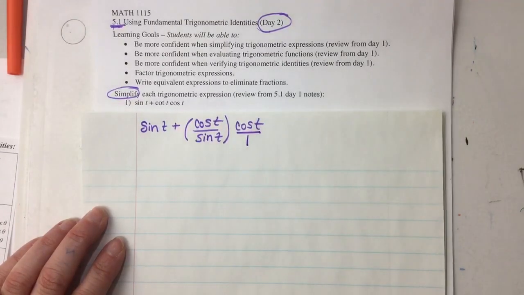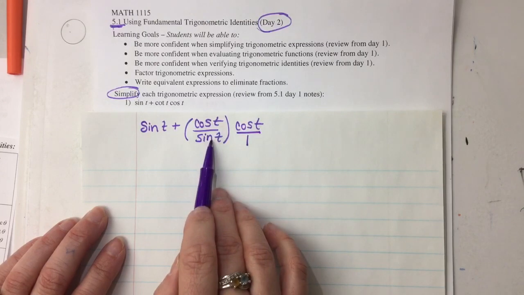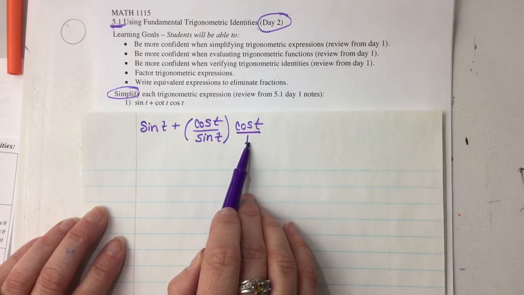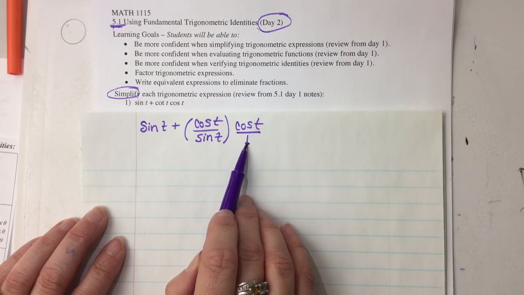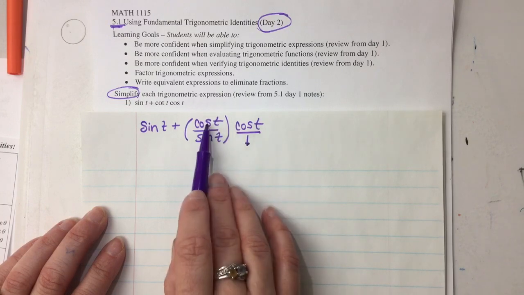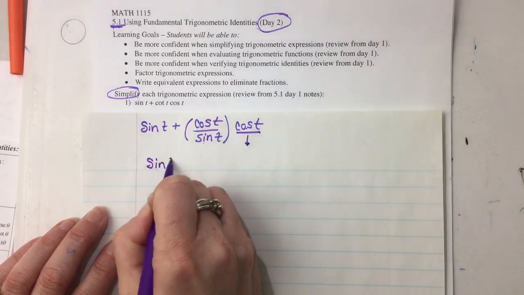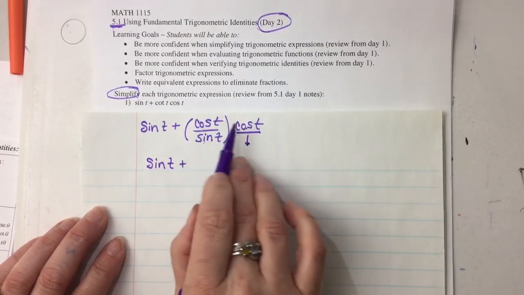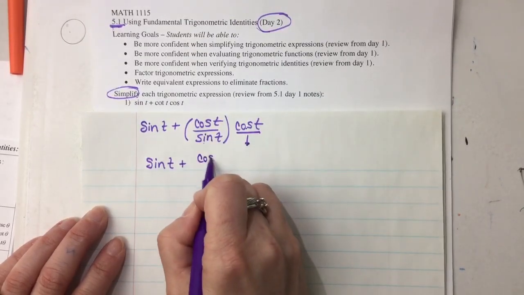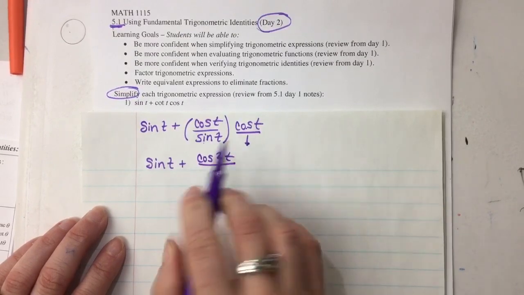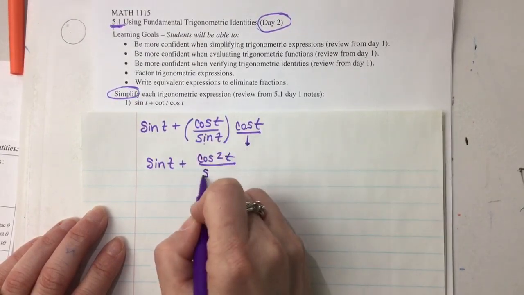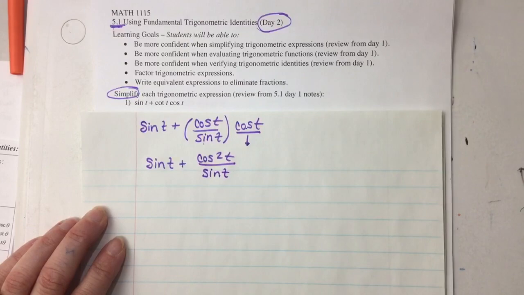Order of operations, you always multiply first. This is a fraction. If you're multiplying fractions, it's top times top, bottom times bottom. That's why I put a 1 on the bottom, because I can go cosine times cosine, sine times 1. So I have sine of t plus cosine times a cosine is cosine squared of t. Sine of t times 1 is sine of t.